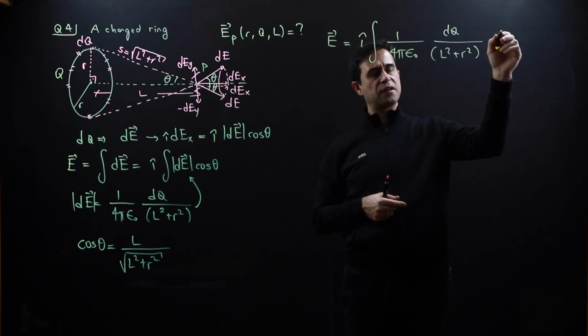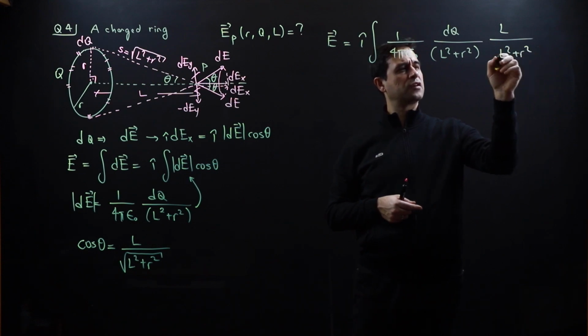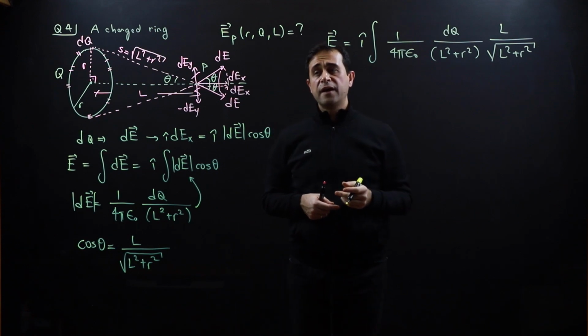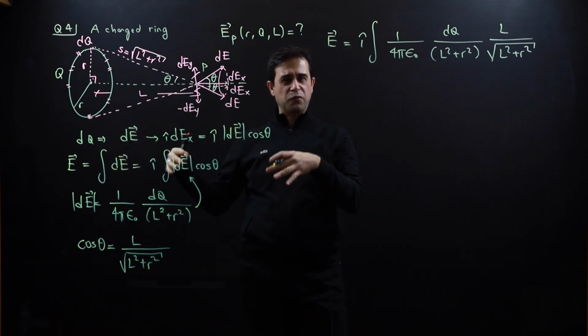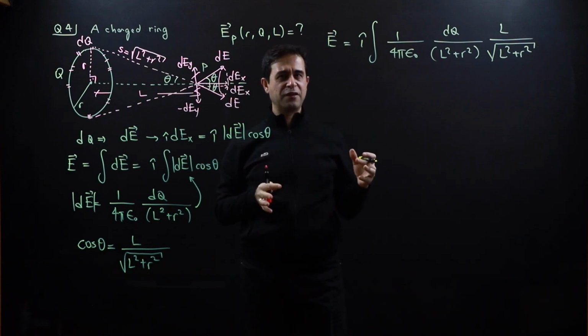And I have the cosine theta, which was L divided by L squared plus R squared with a square root, right? And the nice thing about this problem is, compared to the previous one where we had to do some integrals, now you'll see that we don't even have to do any integral.